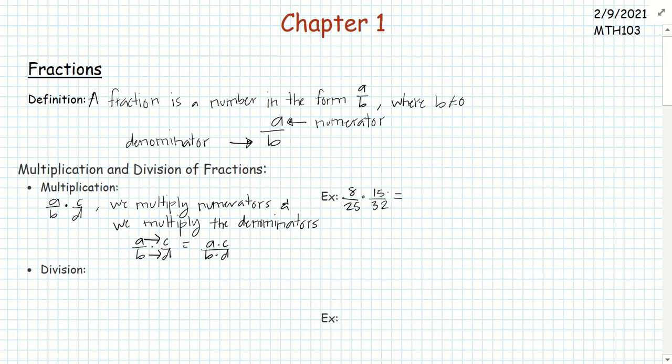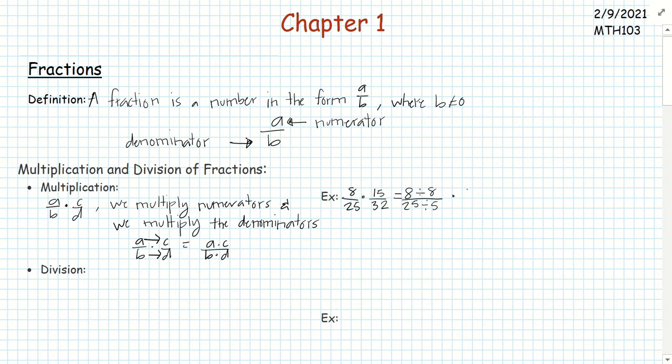Then I can also see that I have a 15 and a 25. They're both divisible by 5. And notice how I'm pairing them, one on the top and one on the bottom. That's the only way that we can reduce. So we said that 8 and 32 are divisible by 8, so I'm going to divide both by 8, and then 25 and 15 by 5.